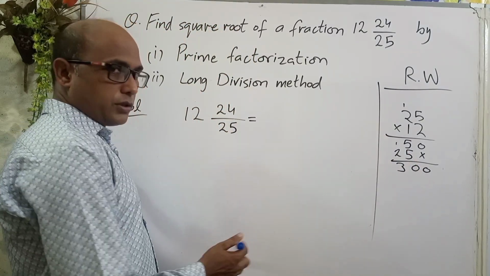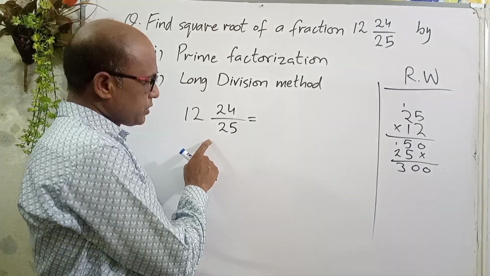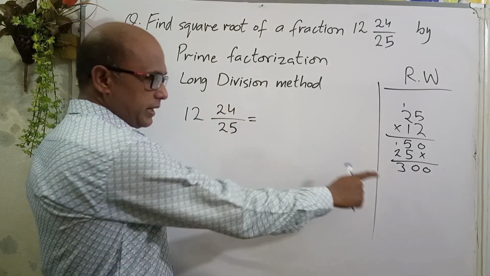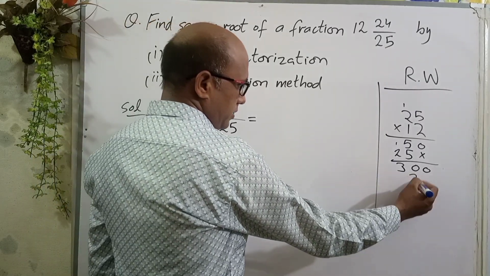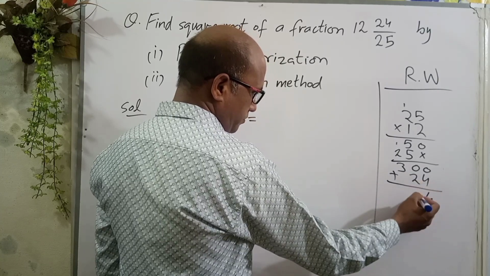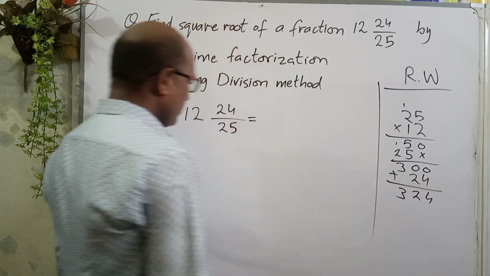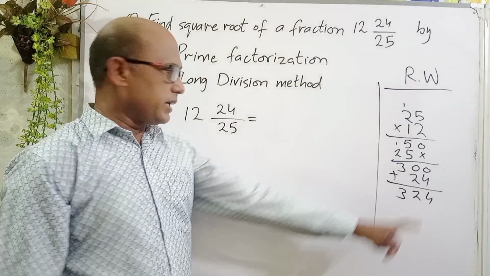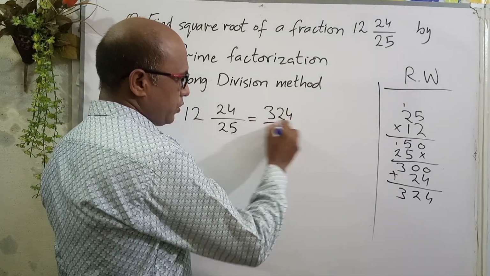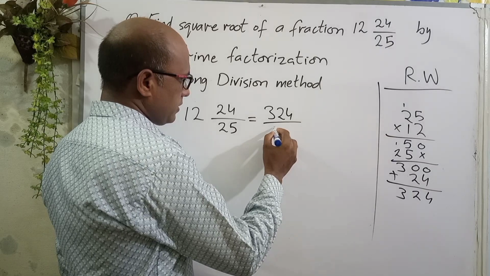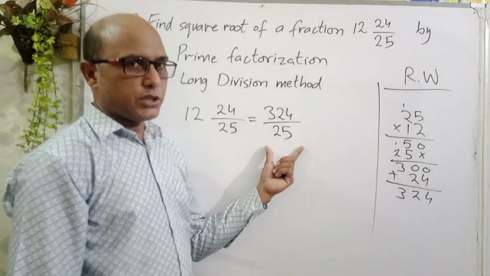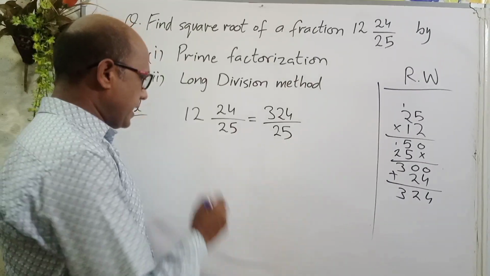300. So the next step, students, we have to add the numerator into this. By adding, we get 324. 324 divided by 25. So students, we will take its square root now.